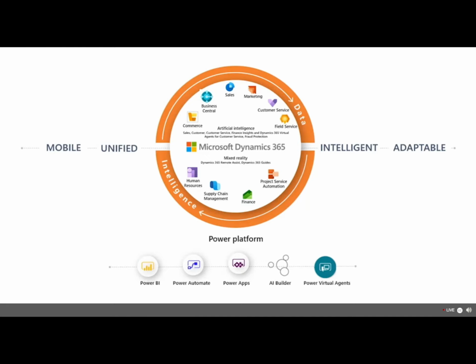And on the top half, we have our model-driven apps, which include commerce, sales, marketing, customer service, field service. On the bottom, we have some of our finance, which include human resources, supply chain management, finance. And all of that is supported by the Power Platform. And we'll take a look at the Power Platform later on today.